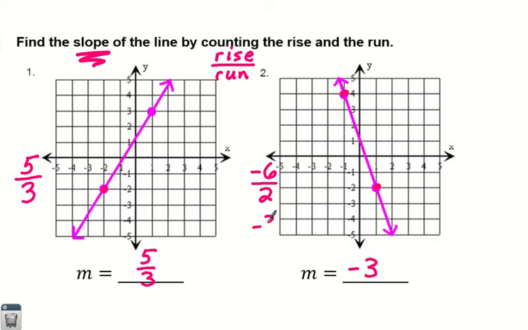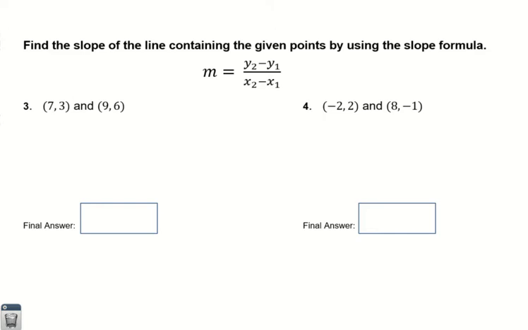Making this -3 over 1 wouldn't be wrong or anything, but -3 over 1 is just -3. So I mean, look, that's a huge concept, right? Slope is rise over run.